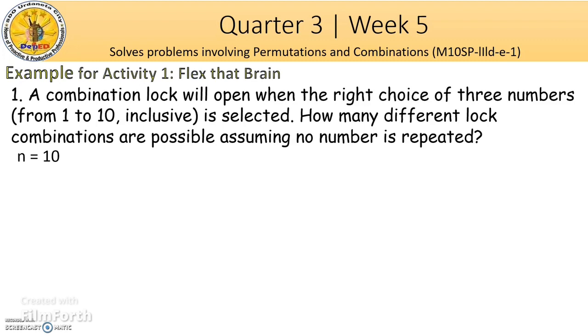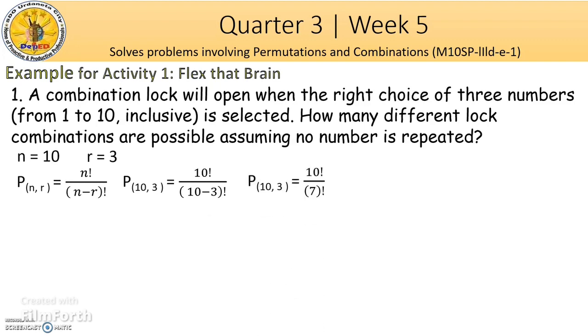Where n is equal to 10, r is equal to 3, since 3 numbers are to be selected. So we just substitute that in our formula, and using long method or calculator method, we have the number of permutations to be equal to 720 ways.